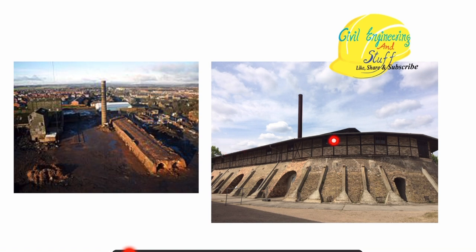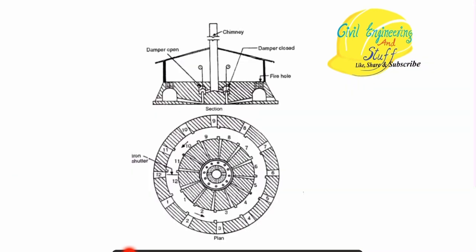So this is the structure of the Hoffman kiln that is shown here. One thing that can be observed is that this structure is made over the ground, right? So this structure is built over the ground surface and has a number of openings. That is, this structure is divided into a number of sections. Each section is divided with the help of a thick plate.